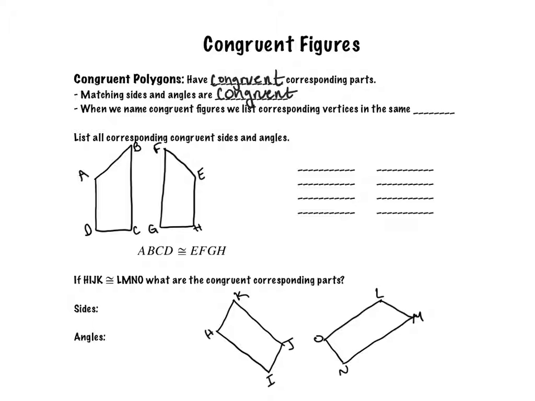A real key thing when we talk about congruence, and this is going to follow for all of this unit, is that anytime we talk about two things being congruent, when we name them, they have to go in the same order. Corresponding parts go in the same order all the way around.